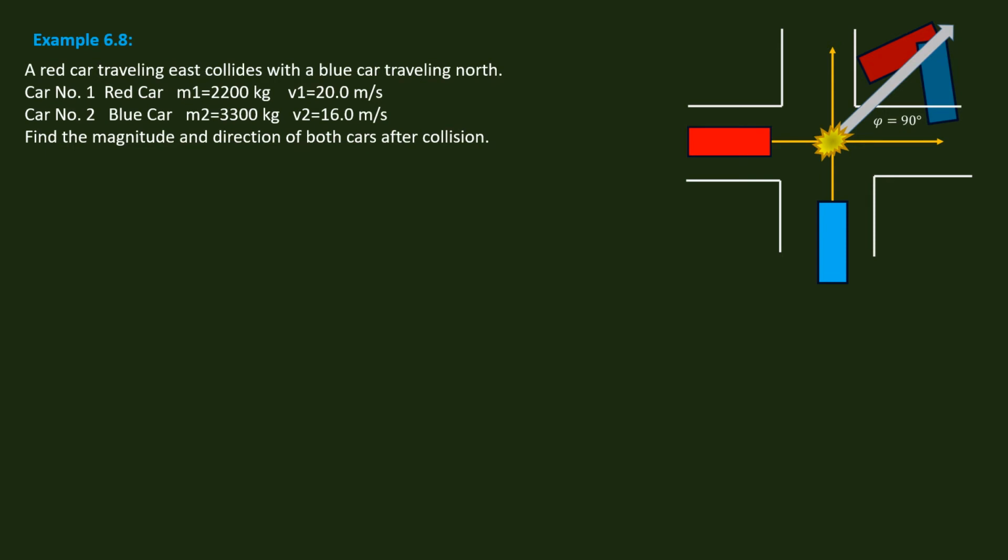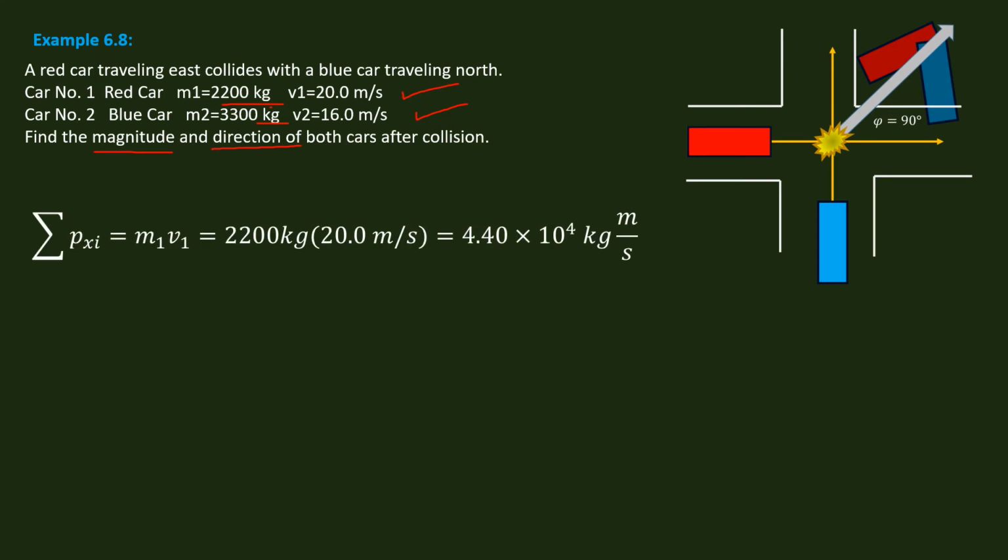Okay, now let's look at numbers and solve some of the problems using values. In this case, we have a perpendicular collision. We have a red car and a blue car. It tells us the masses of each car, and it tells us the initial velocities, and it says find the magnitude and direction of both cars after the collision.